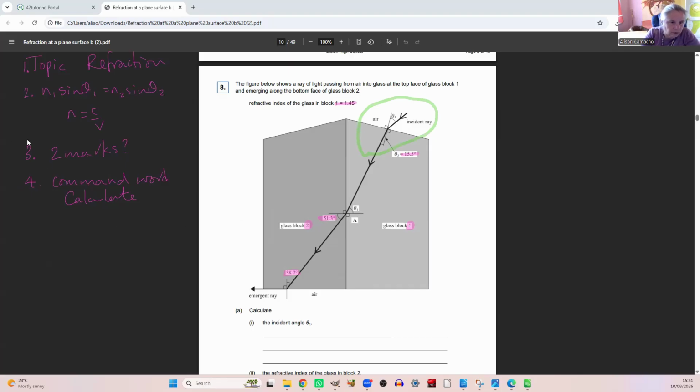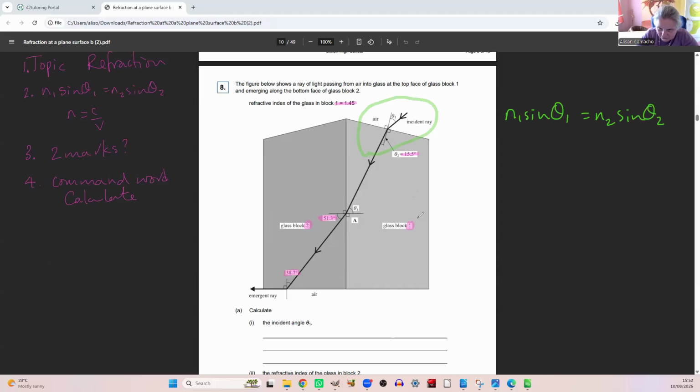Okay? What equation could we use? Which of the equations that we've got would we use for calculating theta 1? Yeah, so we're going to use Snell's law. So it's n1 sine theta 1 equals n2 sine theta 2.